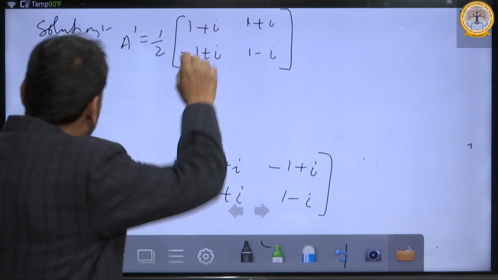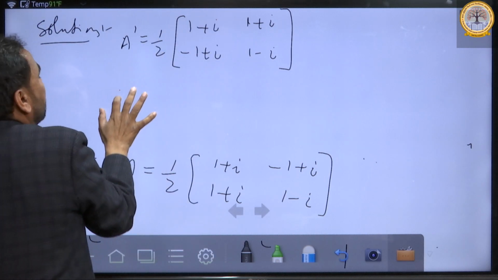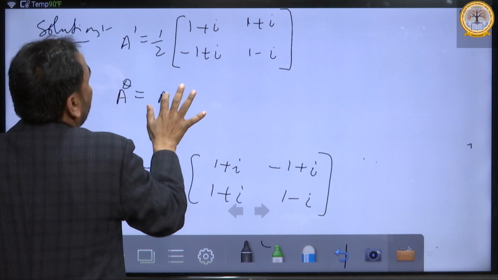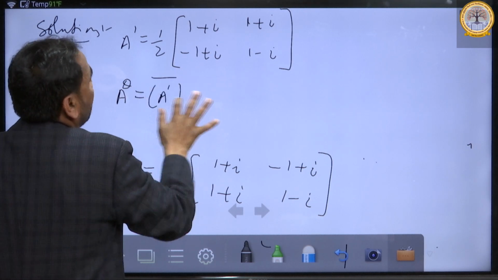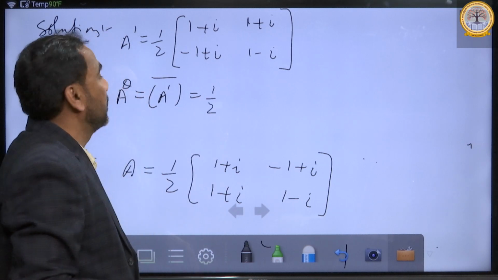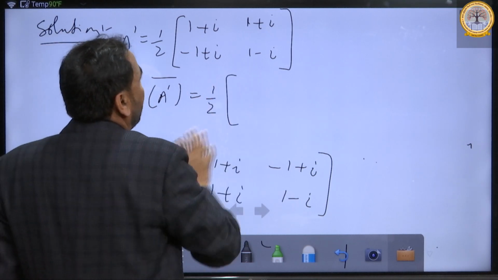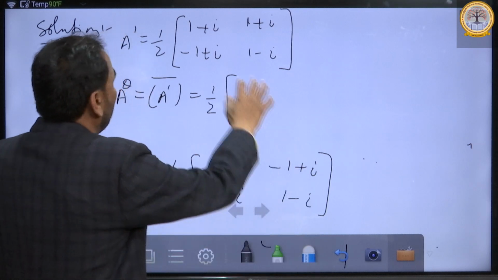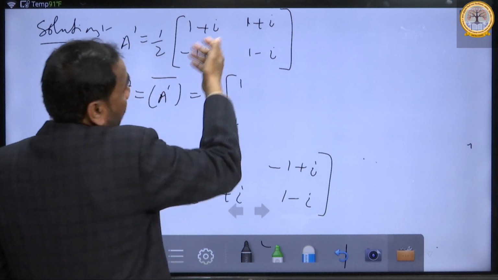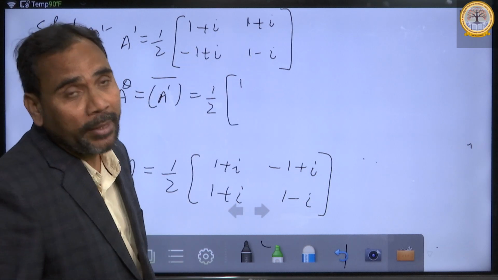And then we write A bar, it means A to the power theta, A dash to the power bar. It means the conjugate of matrix A dash. So we have 1 upon 2, 1 minus i, since the conjugate of 1 plus i is 1 minus i.